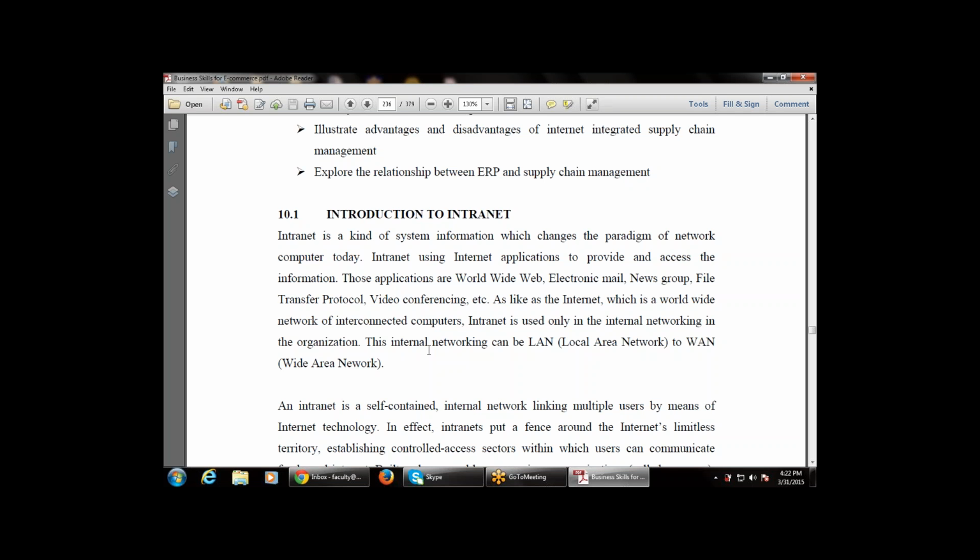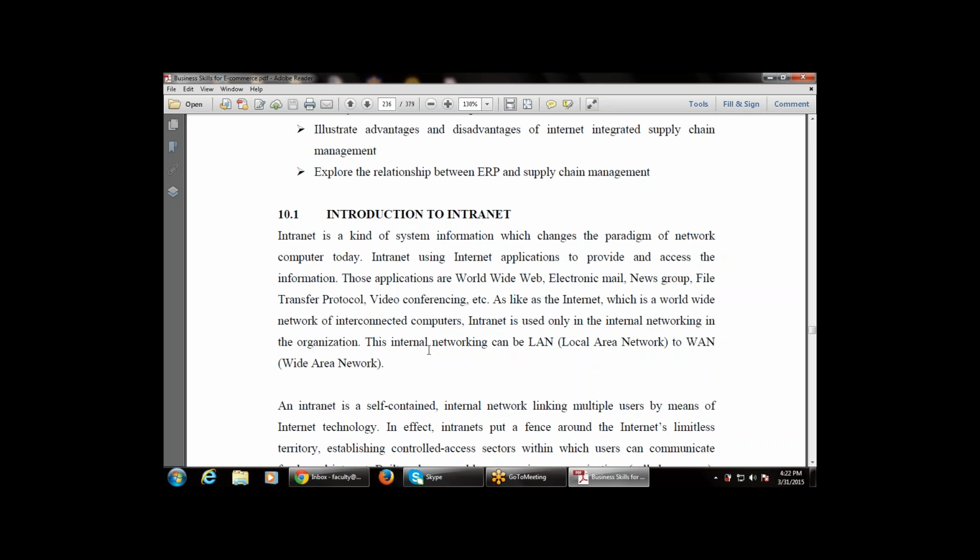So whenever I use the network of my organization for doing any application, that is an intranet. And when I supply information to you with the use of a web-based application, with the use of GoToMeeting software, that is done by the internet.